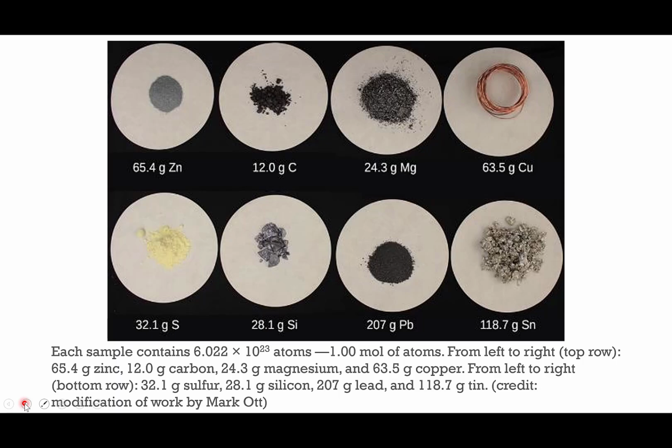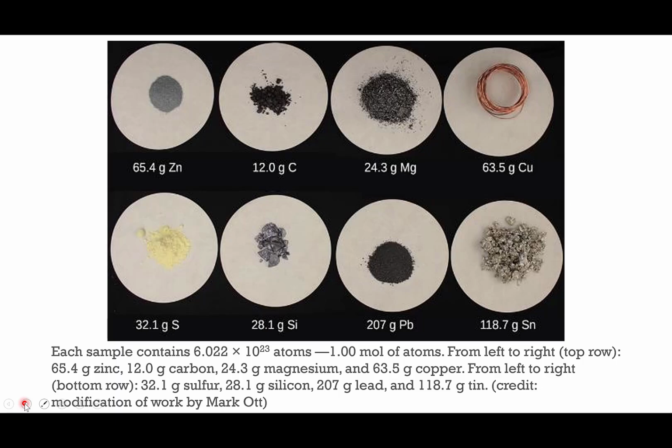So here in this picture, we see some samples. The reason I like to put this picture up is because it shows you how crazy these numbers can get very, very quickly. So in each of these pictures, I have weighed out 1 mole of a substance. I know there's grams in the picture. We'll relate that in just a minute.